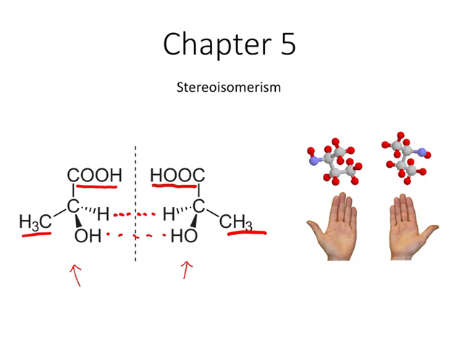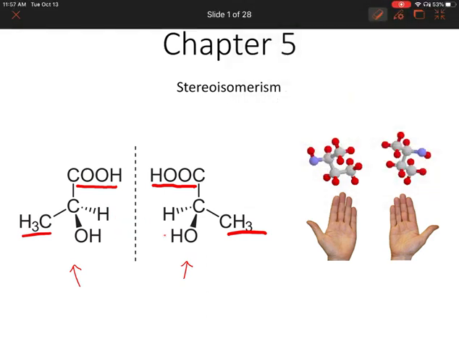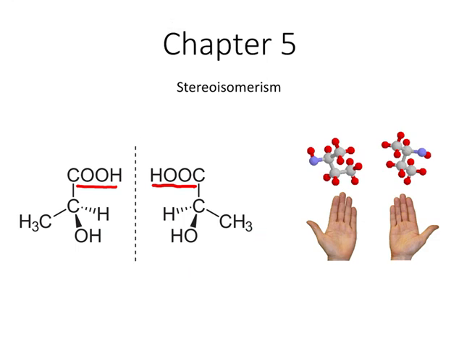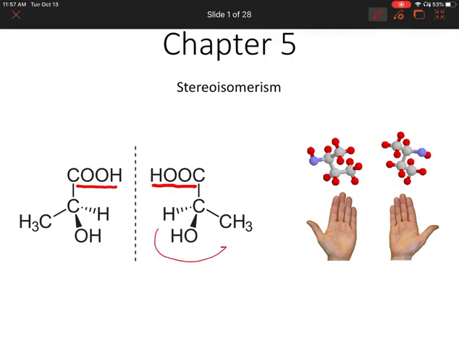However, if we tried to overlay these two molecules, they wouldn't overlap with each other. So for example, let's say we tried to rotate these bonds so that the hydrogen and the OH group are on the other side. And then if we try to shift it back and overlap it with the first molecule, it doesn't work.